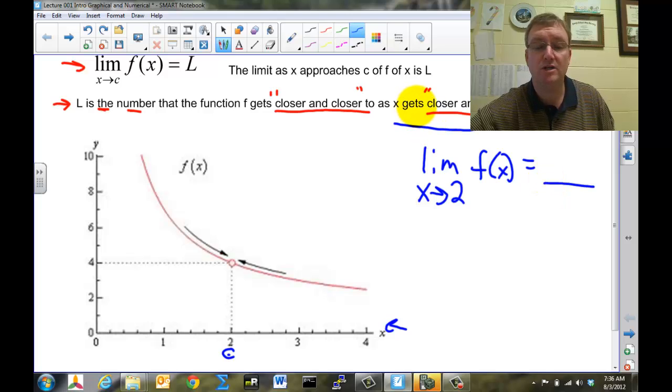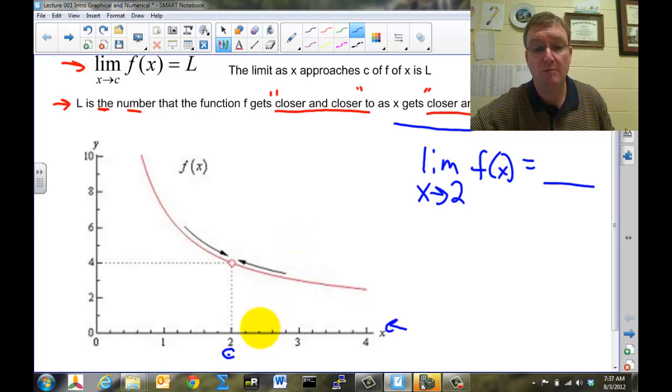Well, let's talk about what it means to get closer and closer. Here is the number c, and if we're going to get close to that number, we must be somewhere around it. Think about it just in terms of you and your friends. If you're getting closer and closer to someone, you are there in their proximity, you're close by, and you're just moving towards them.